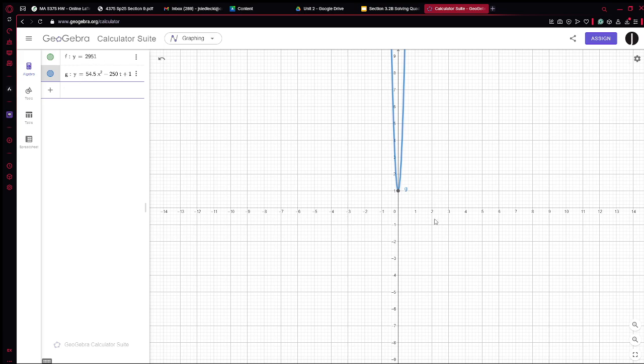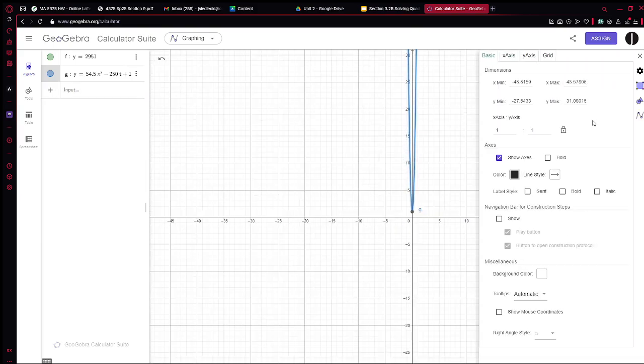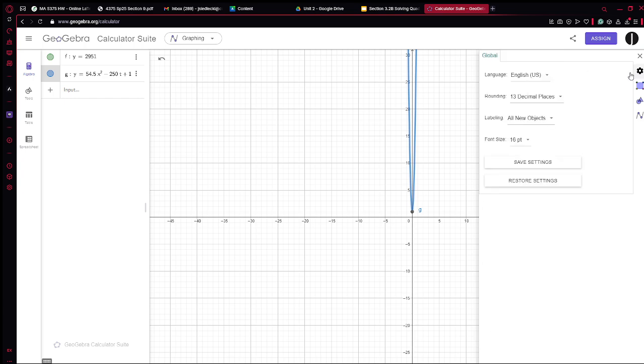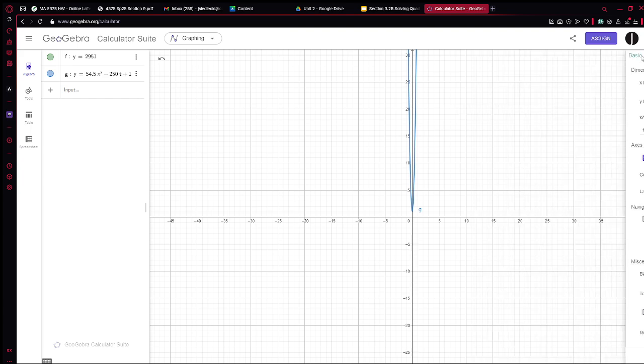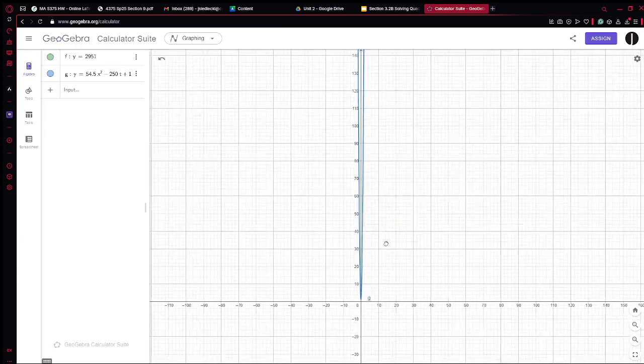Okay, now that I've got both of these sides of my equation graphed, I've got to look for something. And so I want you to ponder, am I looking for the x-intercept or am I looking for the intersection? Okay.